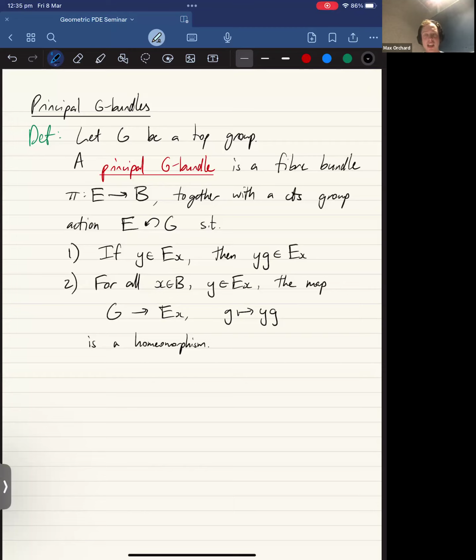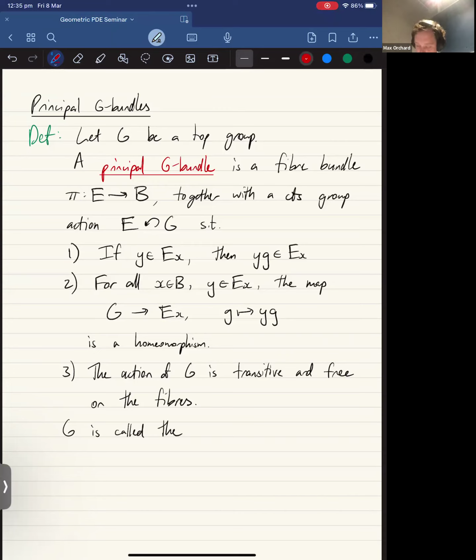So topologically, it's the same as G, but it may not have, for example, a distinguished identity element. And we also require the group action to be transitive and free on the fibers. And in this case, we call G the structure group.